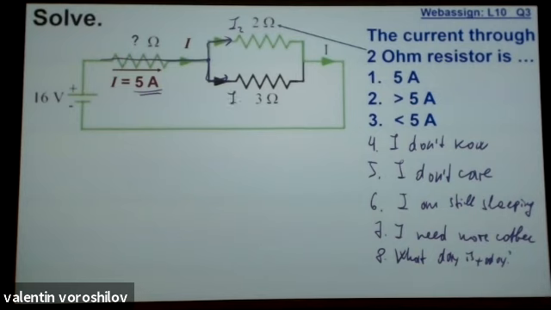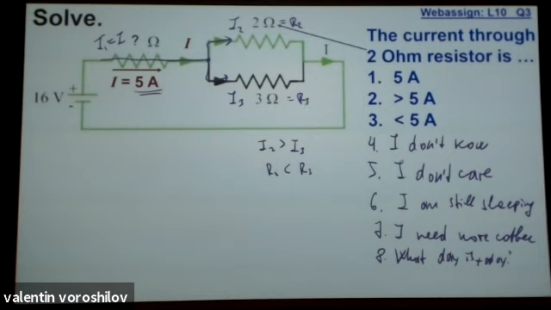So I can call it I2, I3, I1, which is just I. And I know that I2 should be greater than I3, because R2 is less than R3. But that's not the question.